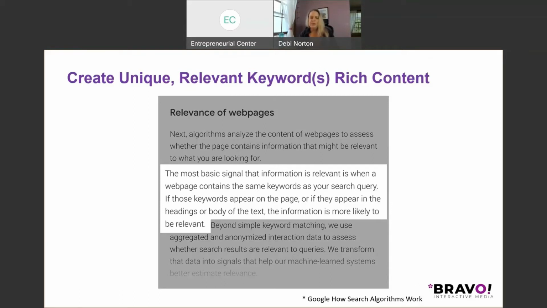If those words appear at the top of the page, or if they appear in the headings, in the body, and in the text, the information is more likely to be relevant and more likely to be indexed. That comes right out of Google. So that'll give you an idea of how important this is.